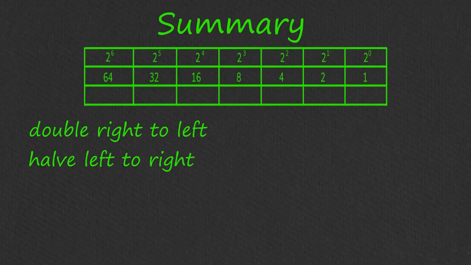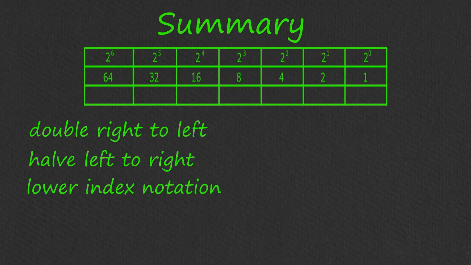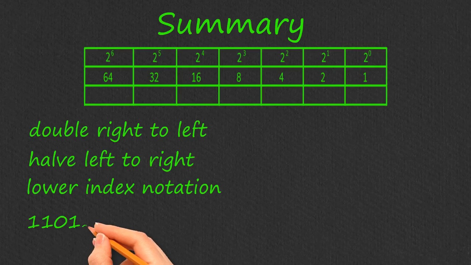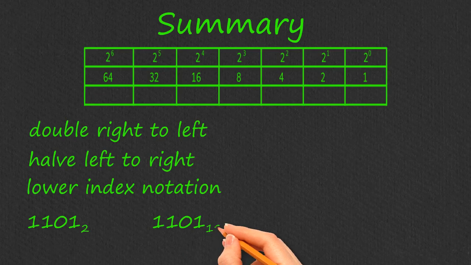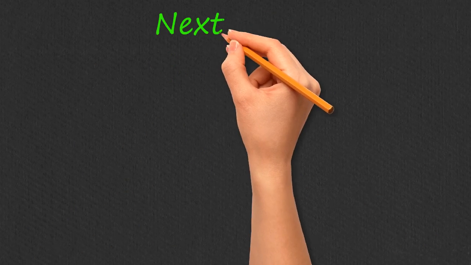Finally, we have discussed that if it is not clear from the context whether a number is binary or decimal, we can use a lower index in the right-hand corner to specify the base number. For example, 1101 is binary, while 1101 is decimal.